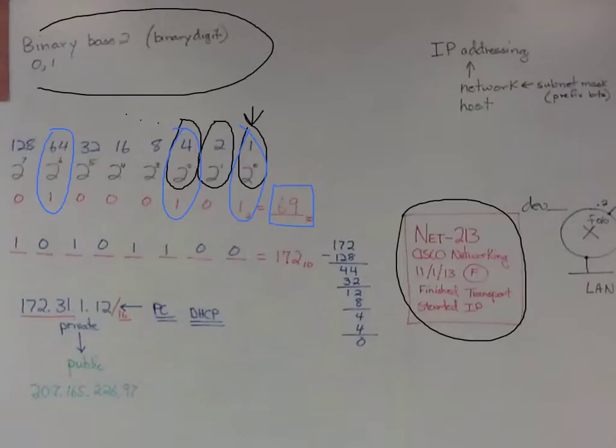Okay, so then we have another one here in which that one comes out 172. And we work that backwards. We started with 172. We took a group of 128 out, a group of 32, a group of 8, a group of 4.